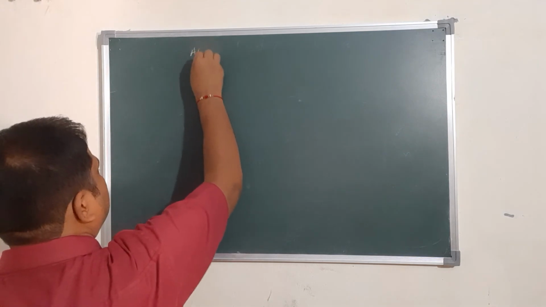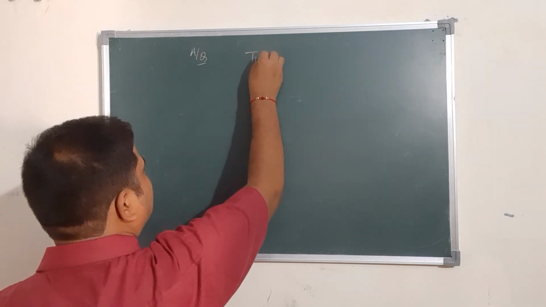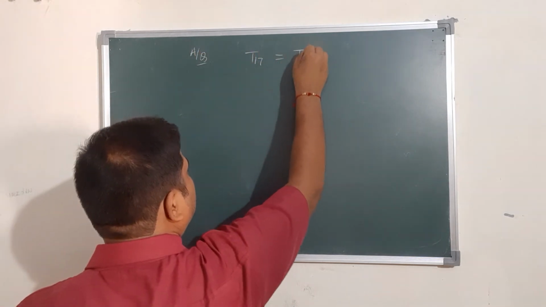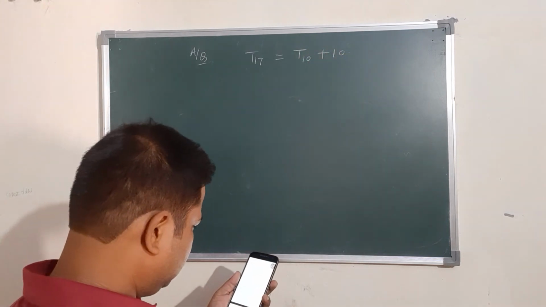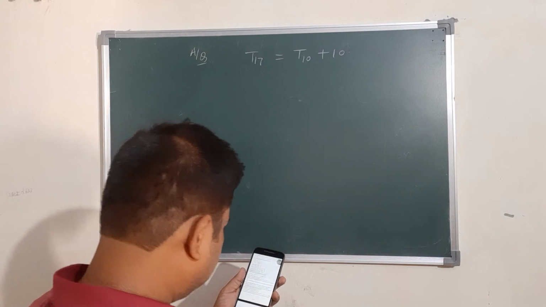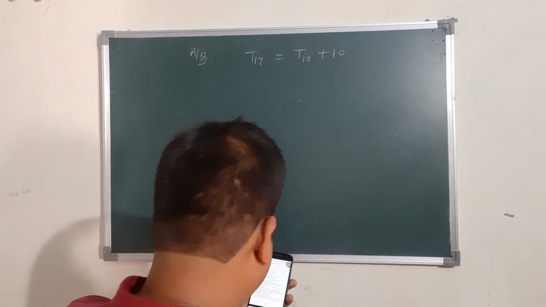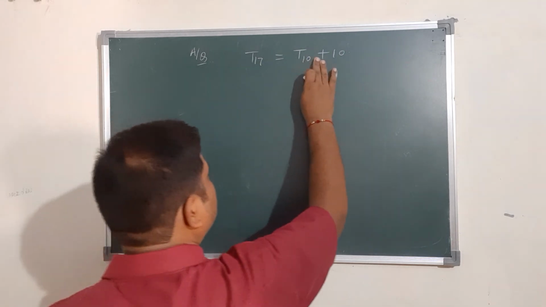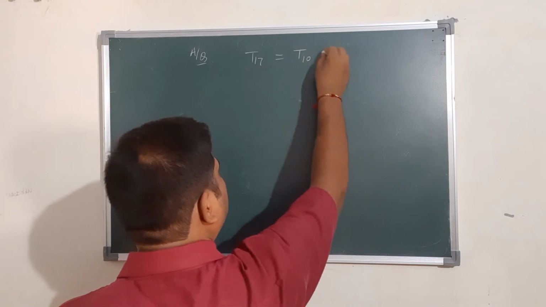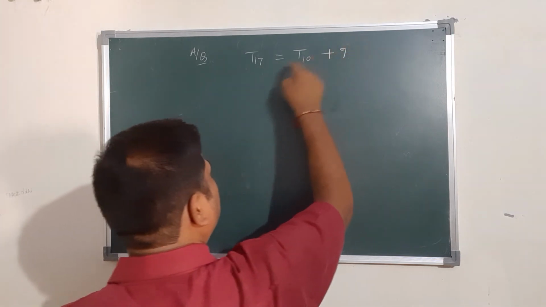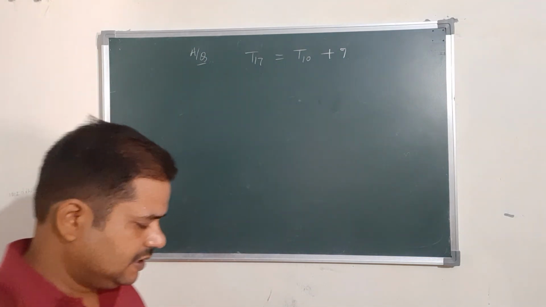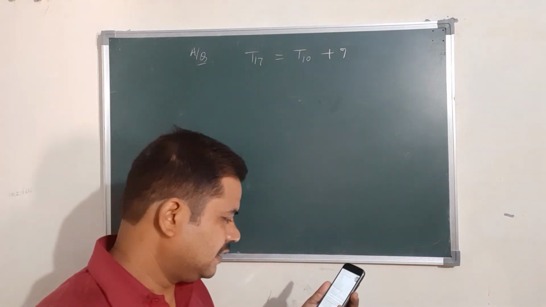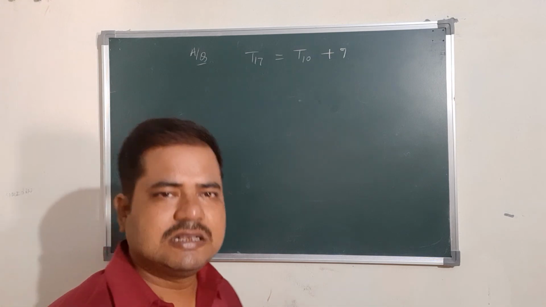The 17th term of an AP exceeds its 10th term by 7. According to the question, T17 is T10 plus 7. Now T17 is 7 more than the 10th term.